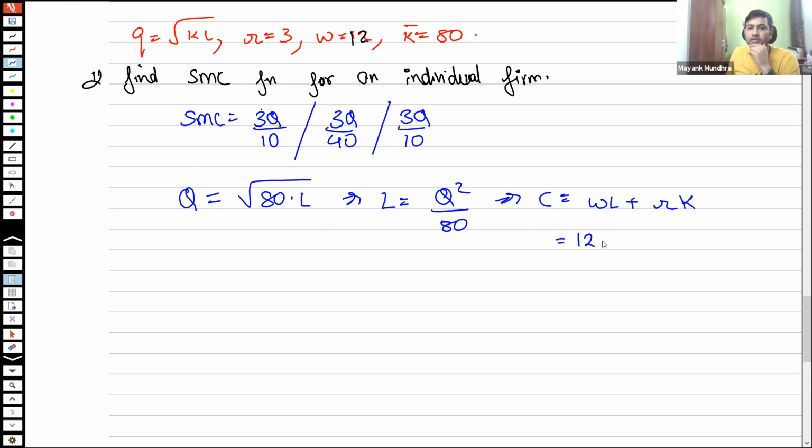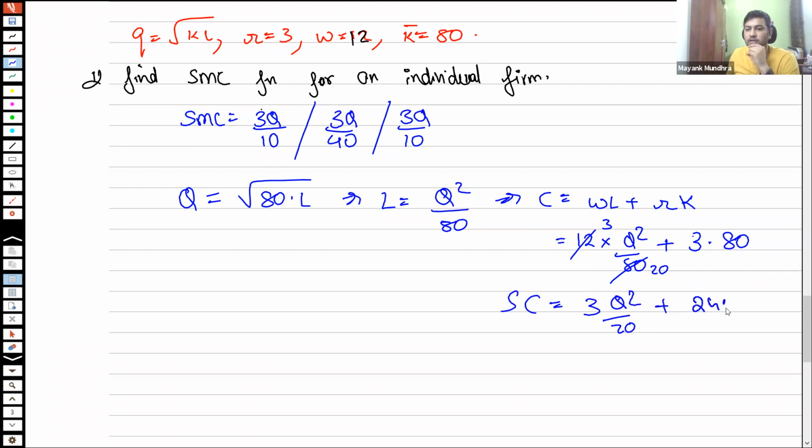So 12 into Q square by 80 plus 3 into 80. This becomes, divided by 4, 20 here, 3 here. So short run cost is 3Q square by 20 plus 240.